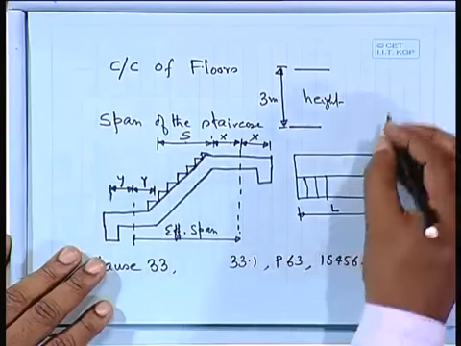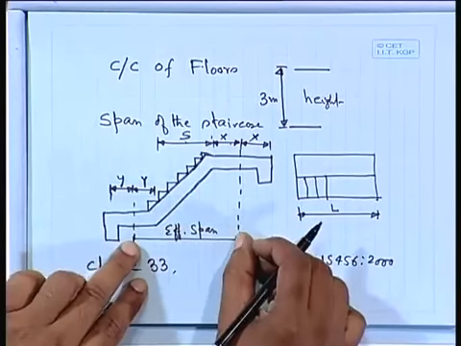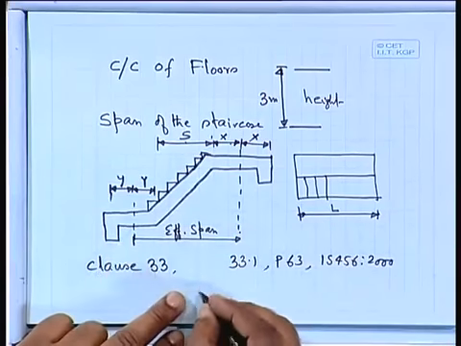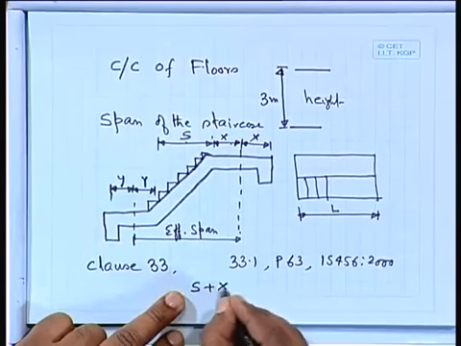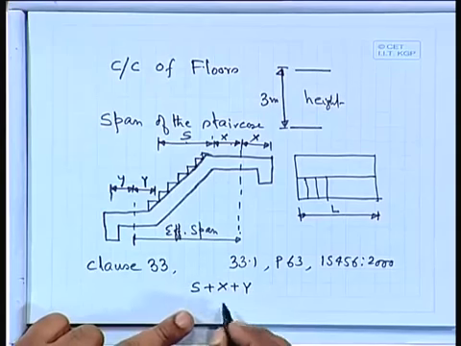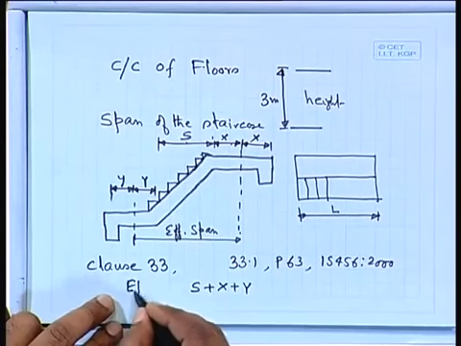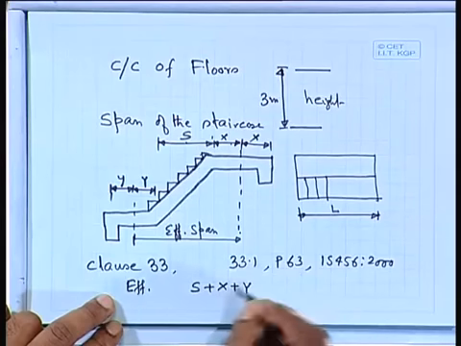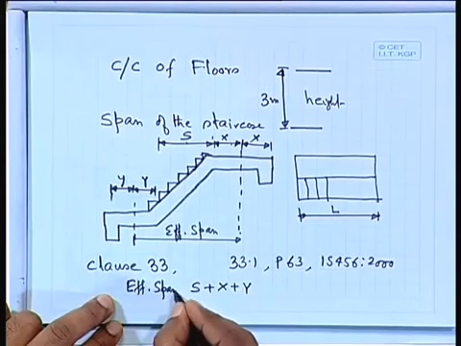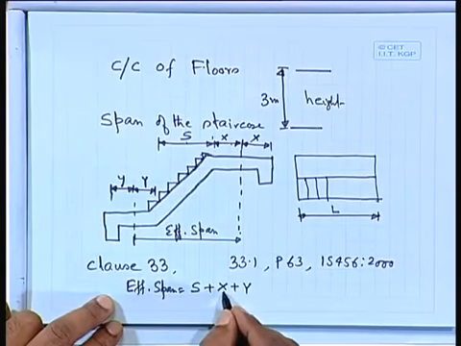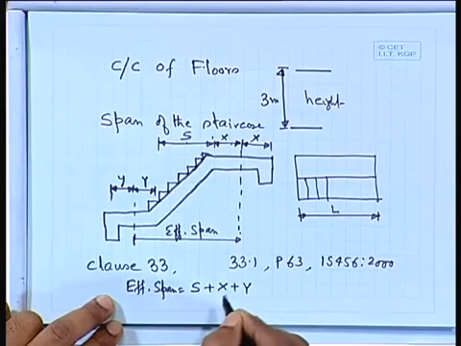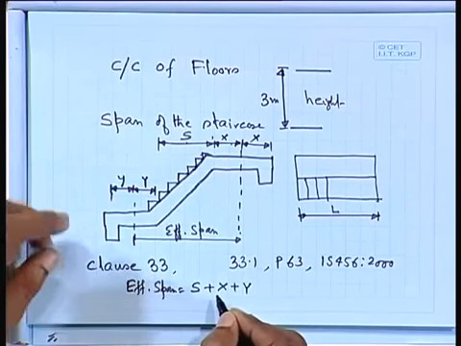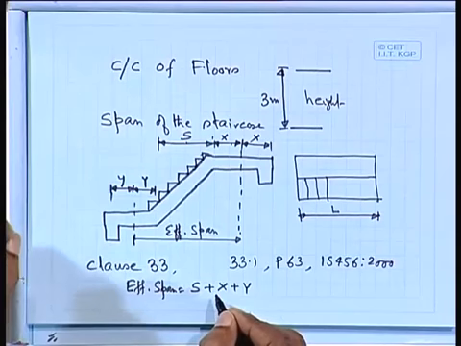So here I can say, though it comes that if this is your effective span, I can write it as s plus x plus y, but our code says that this is your effective span, which you will get in this clause. So our code says that if x is less than 1, then you take it as x only, whatever value you are getting. Say 0.75 meter, you take 0.75 meter, 0.8 meter, take 0.8 also.